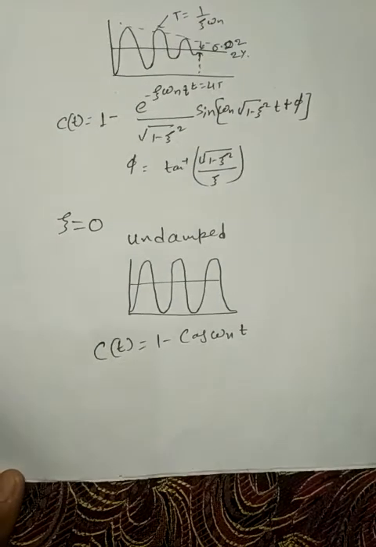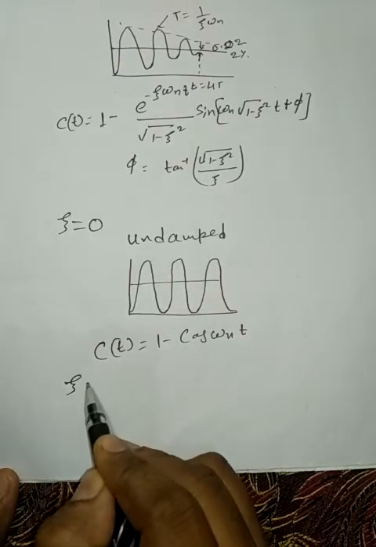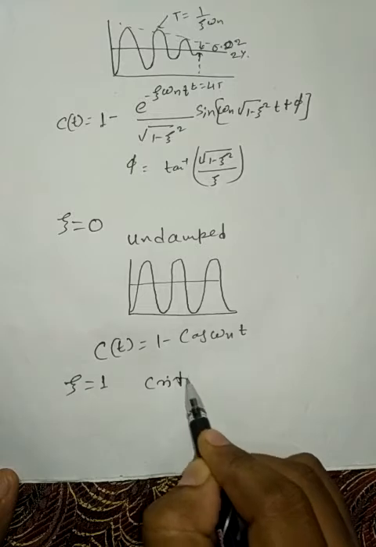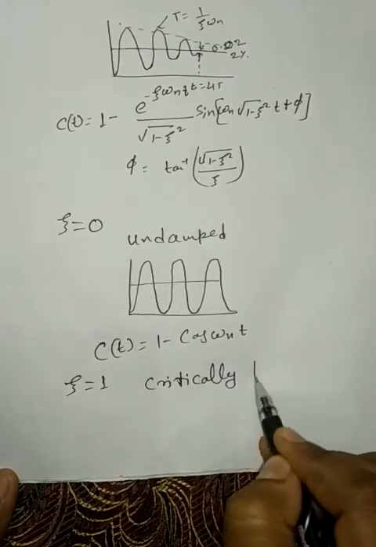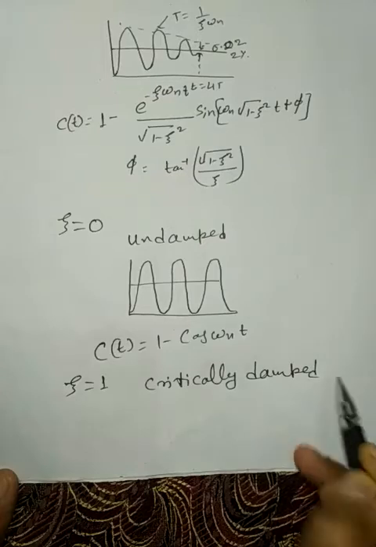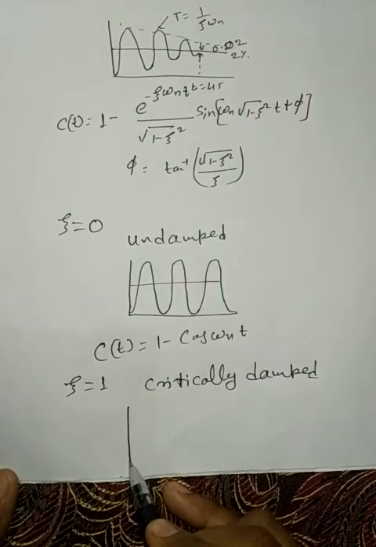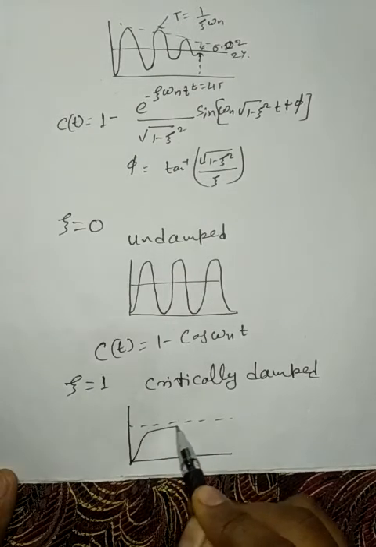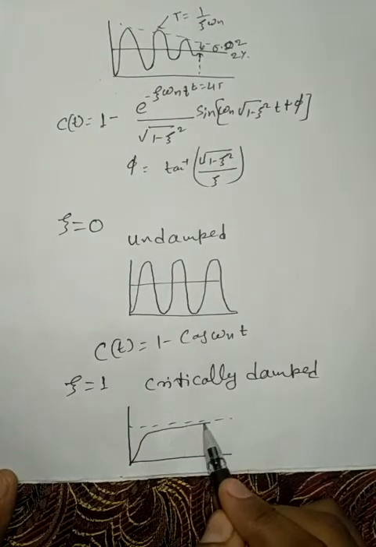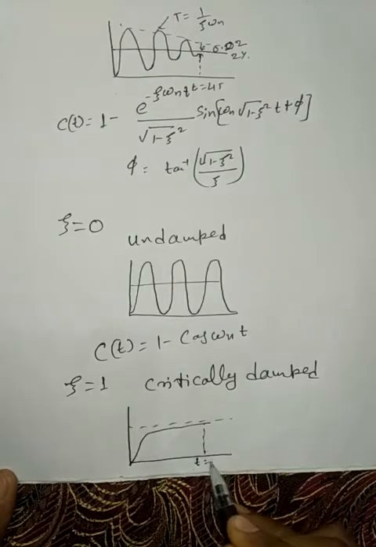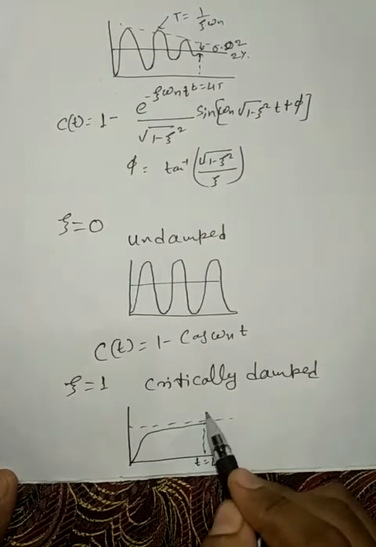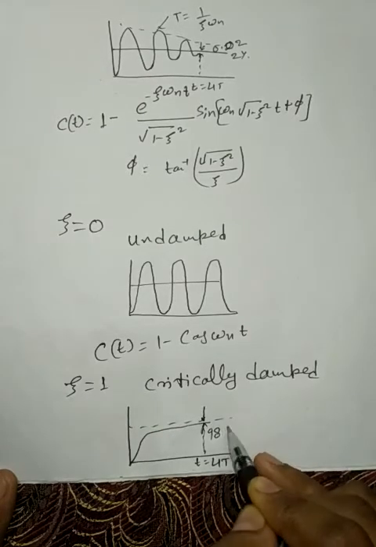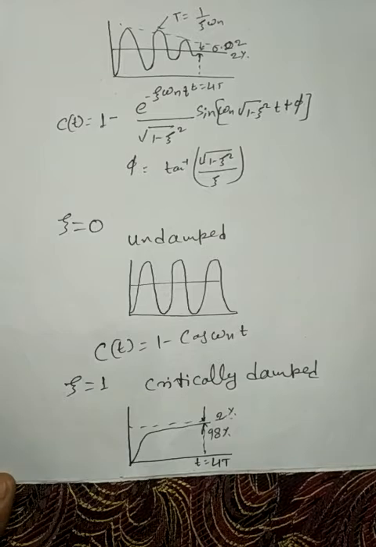In the third case, when zeta is equal to 1, the response is critically damped, and the graph is like this. When t is equal to 4T, the response reaches 98% and the error is 2%, right?